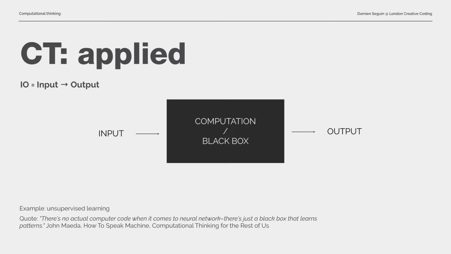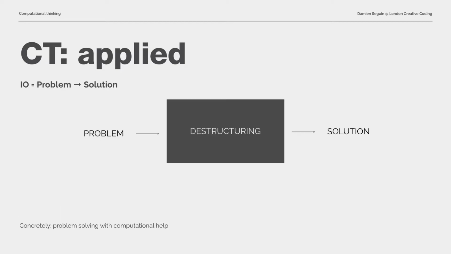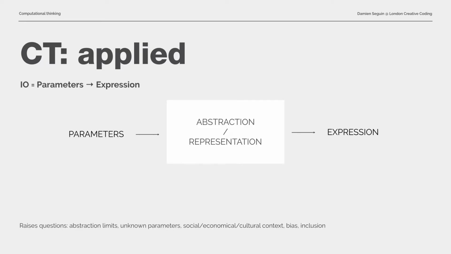So for me in my job, I think it's more problem solving with computational help, where I've got a problem and I'm trying to destructure it to reach a solution. If I go even deeper, what I concretely do is build systems with parameters where I do some abstraction and some representation in order to reach an expression.